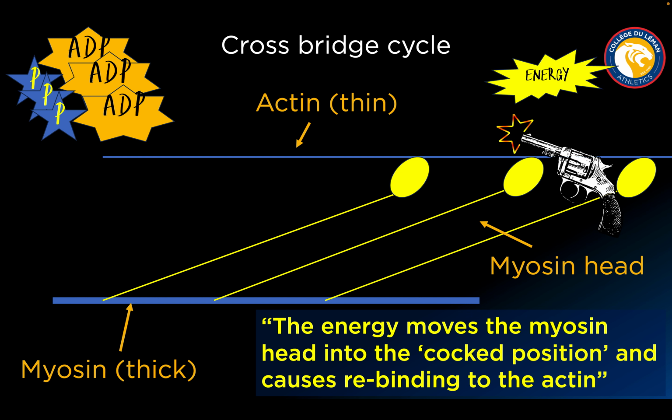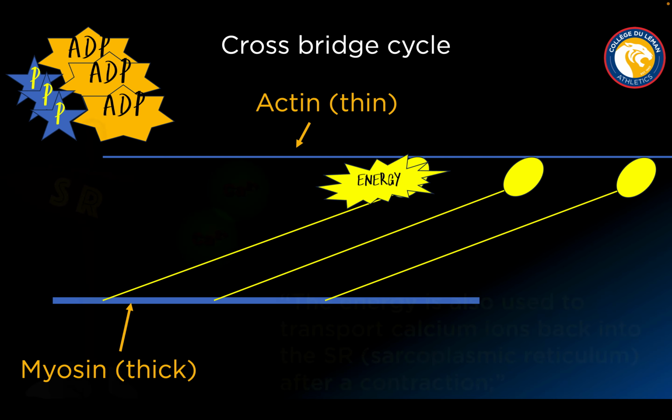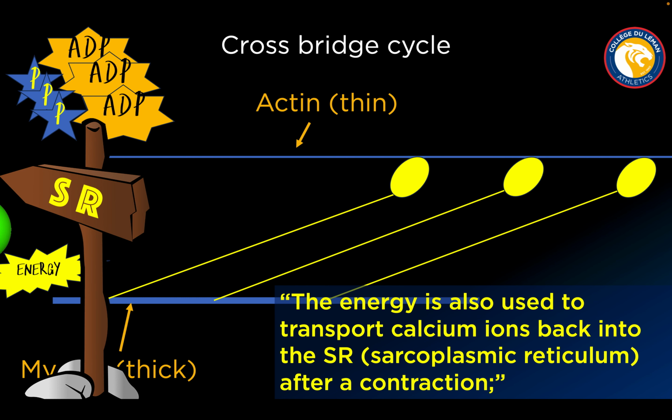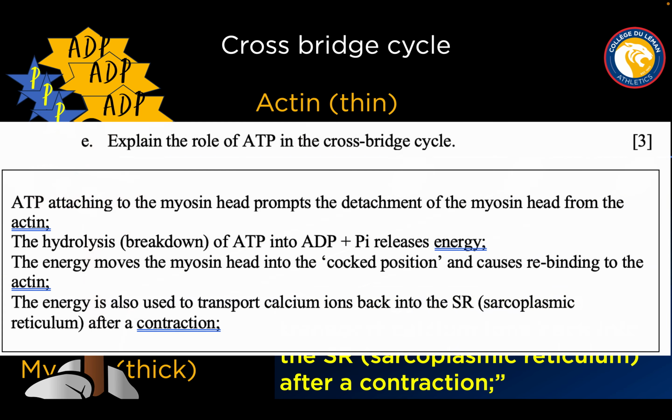That's called the cocked position. The energy also, remember, takes calcium ions and puts them back to that sarcoplasmic reticulum to be recycled and used again for another contraction. Off they go to the sarcoplasmic reticulum.